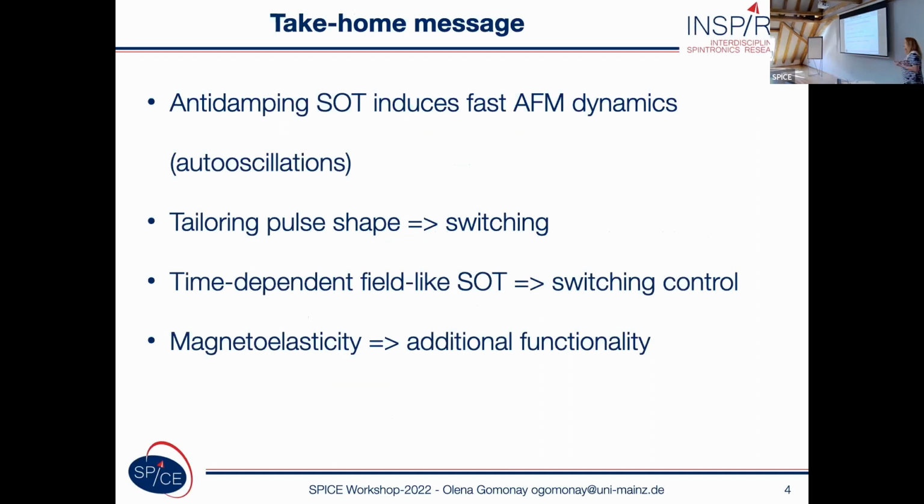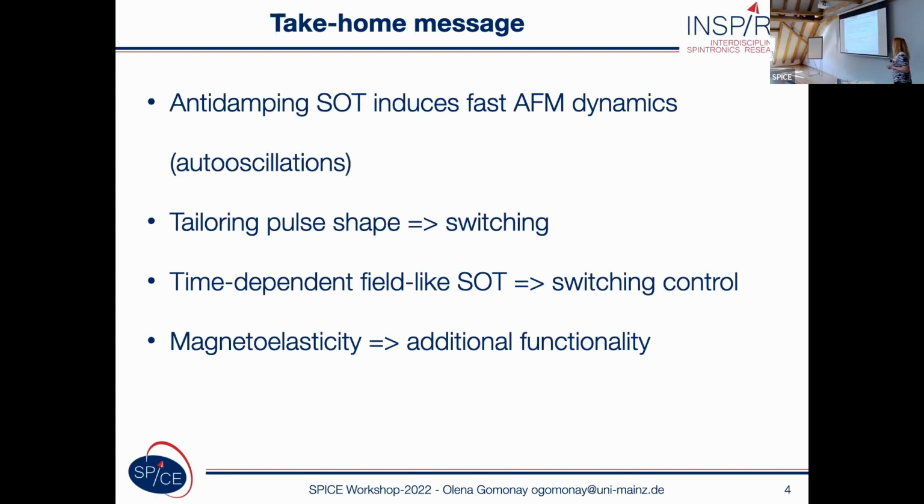Moreover, I will try to convince you that using these time-dependent ultra-fast pulses and by tailoring them in a proper way, we can induce reliable switching between different states. And of course, in the real samples, we should also take into account the effects coming from the lattice and magnetoelasticity. And this I will also discuss in my talk.